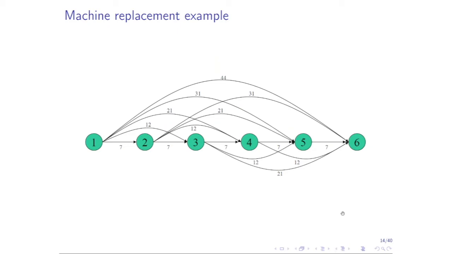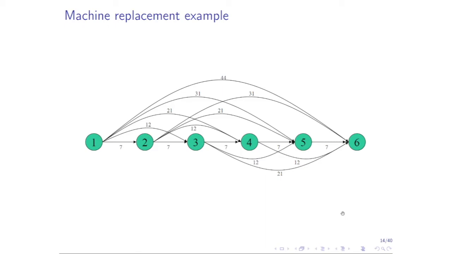Again, intuitively, if this was a transportation network, and every number on the edges represented the length of that edge, then this problem is equivalent to asking what is the shortest path from 1 to 6? What is the path with the minimum length of the corresponding edges, which in this example will translate to the minimum cost of maintaining a machine.